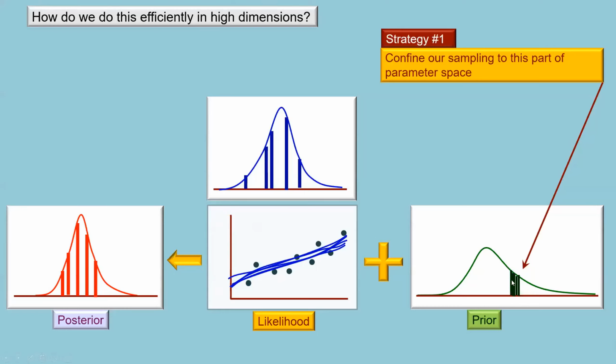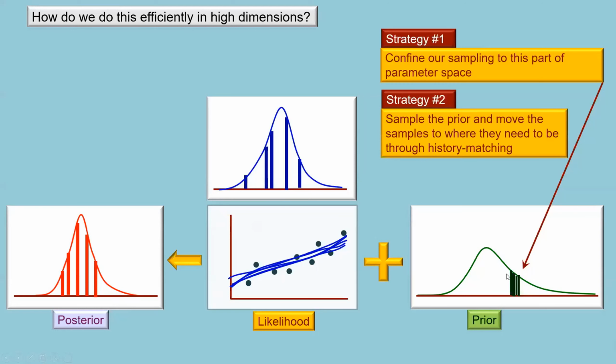If we've got some clues as to where this is, we can confine our sampling to this area, and that can make our task easier. Second strategy is to sample all of the prior probability distribution, and then adjust the parameter fields that we sample, until the model outputs match the field data. And the third is a combination of these.